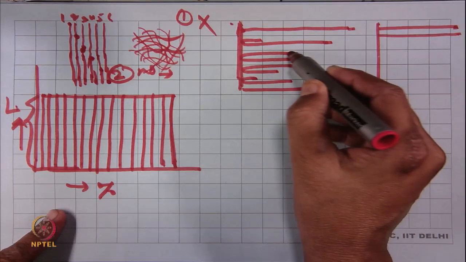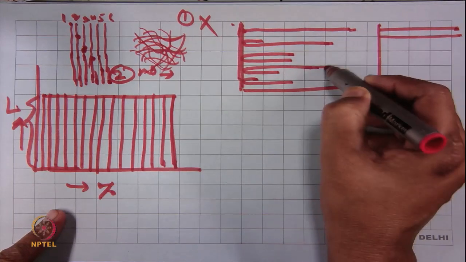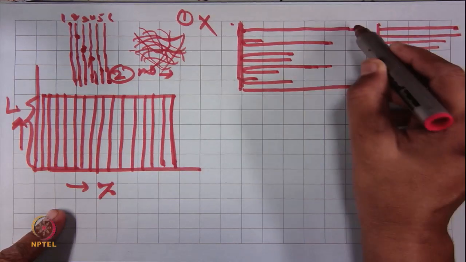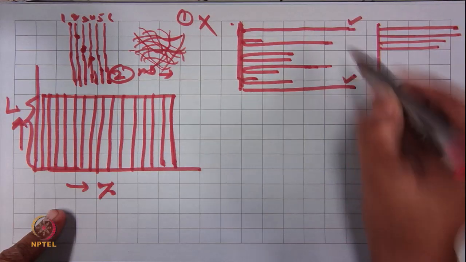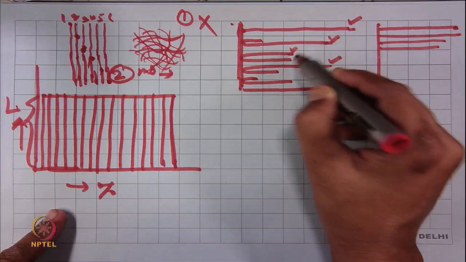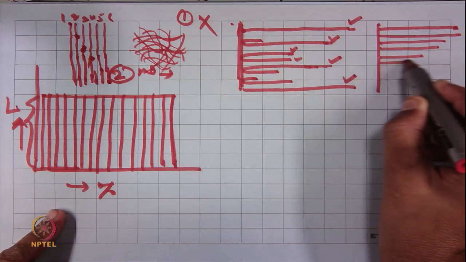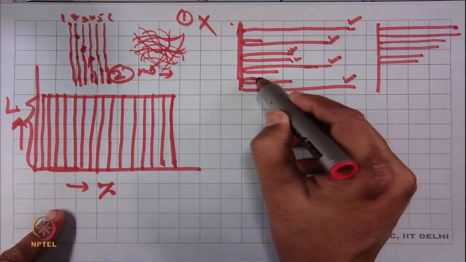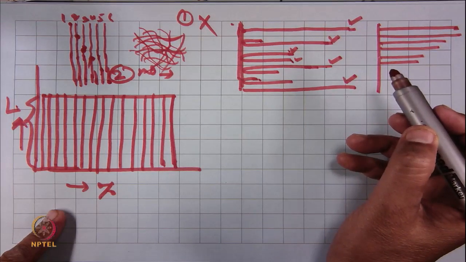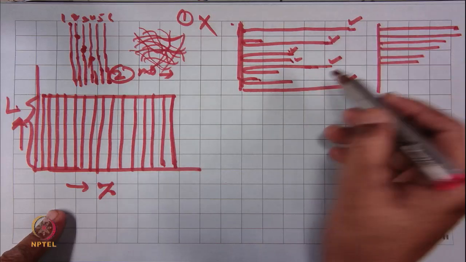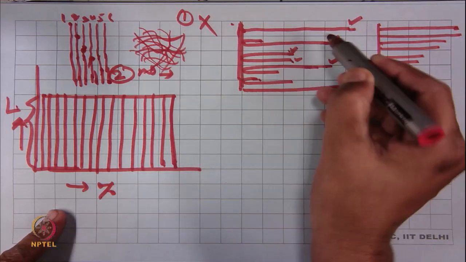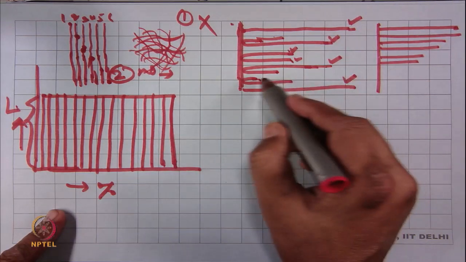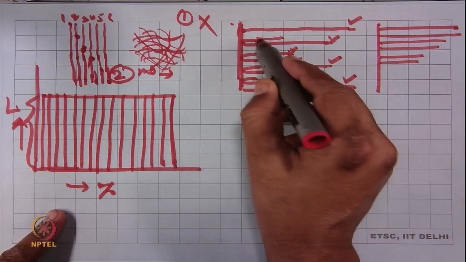Next, these 2 fibers have been selected, next these 2, and next these 2. Then some smaller fibers will be there.